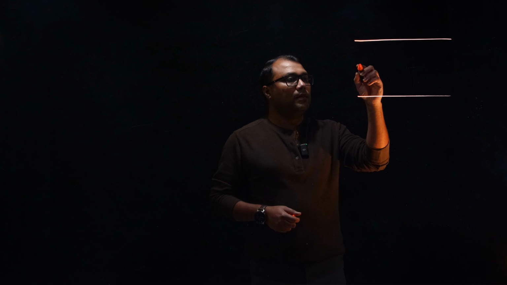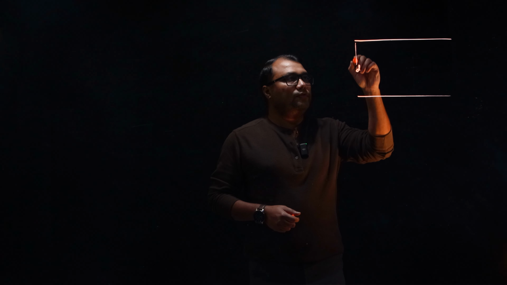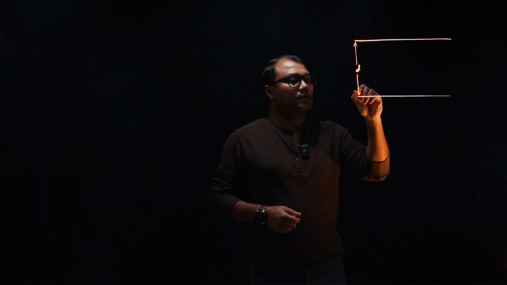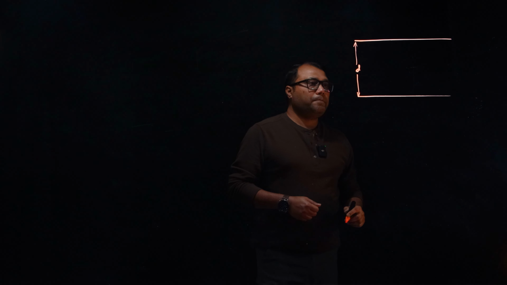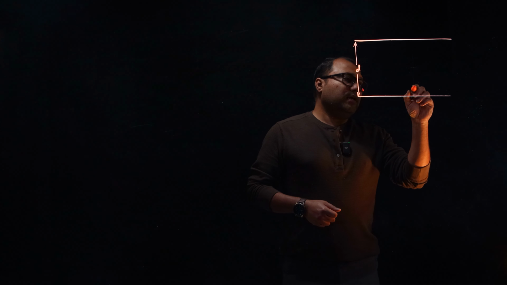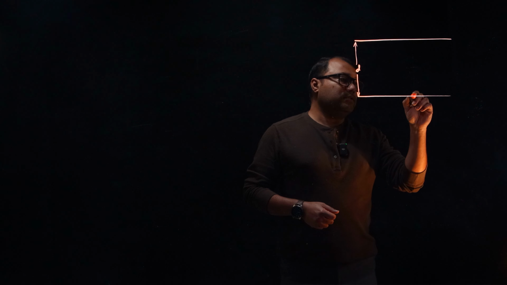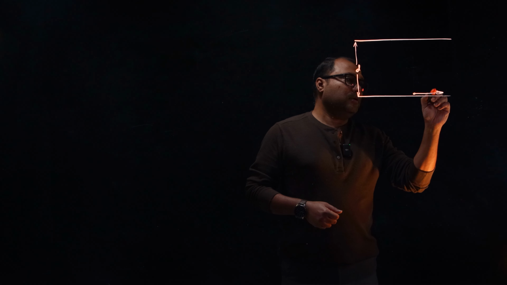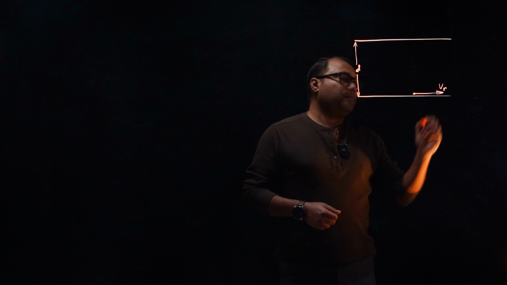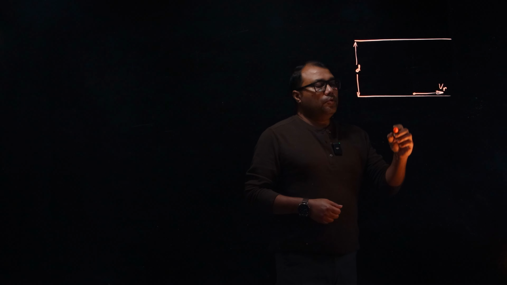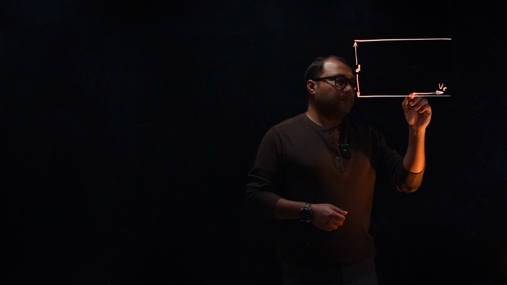So let's say this is the river and this is the width of the river. Okay, so the river has its own velocity. Let's say it is VR, and the boat has some velocity.